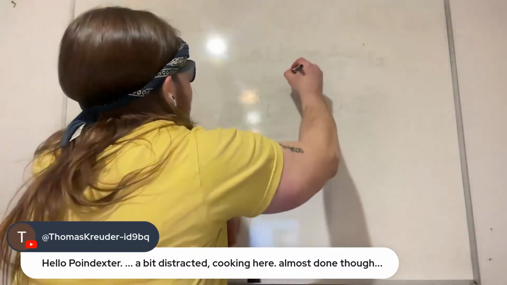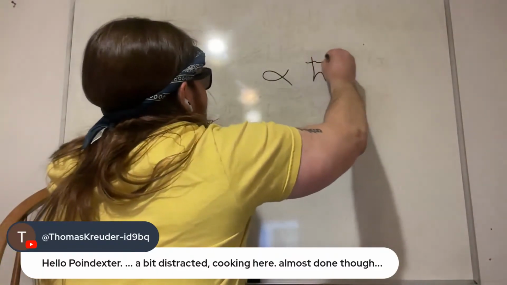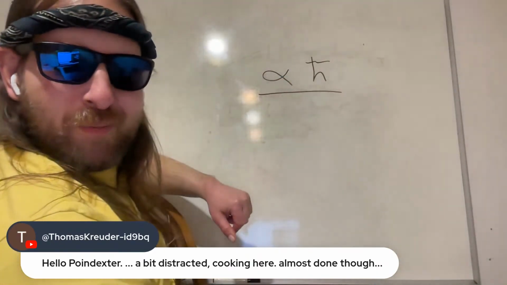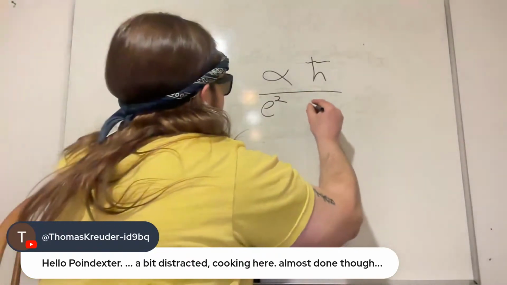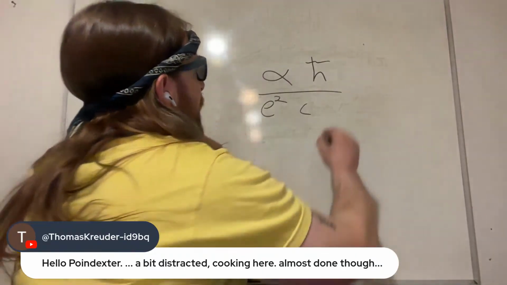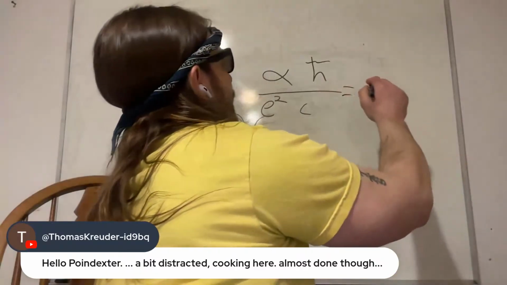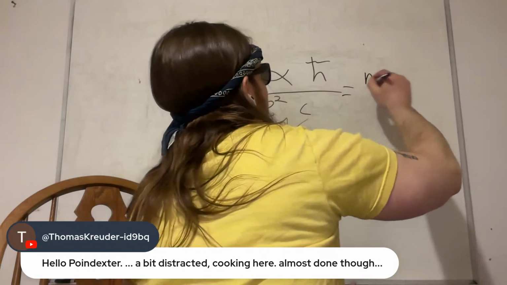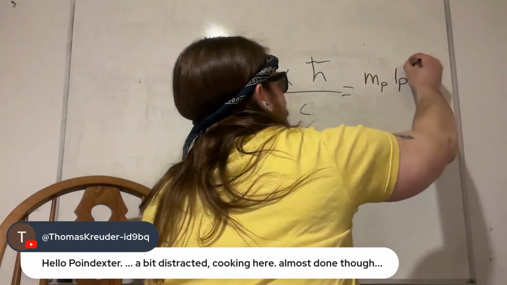All right. So we've got alpha h bar. Hold on, I need to write this out. Alpha h bar over elementary charge squared. Let's see. All right. So this is dimensionless. This equals, all right, Planck units. It's Planck mass, it's Planck length squared, so L sub P squared.